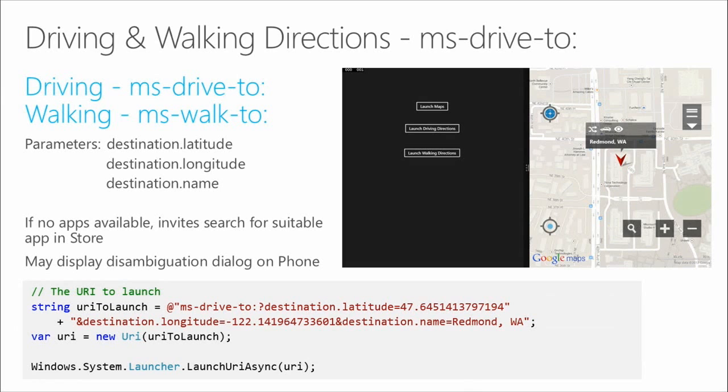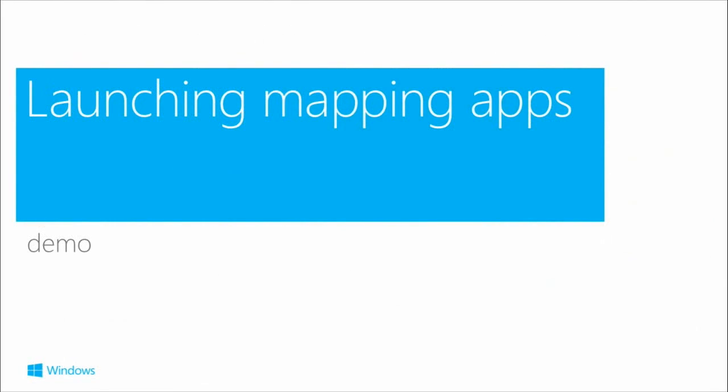We can also use URI schemes that kick us out to third-party applications, using ms-drive-to and ms-walk-to. This will give us a driving route or a walking route from destination one to destination two, or we can give it one single destination, and it'll go from wherever we happen to be to that destination. So I want to show a little demo of that.